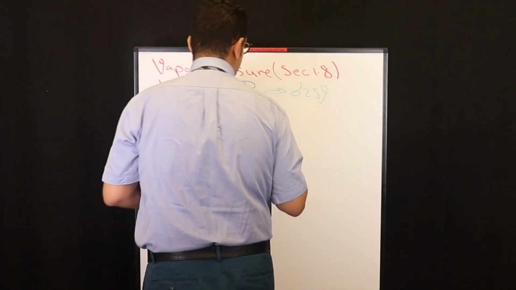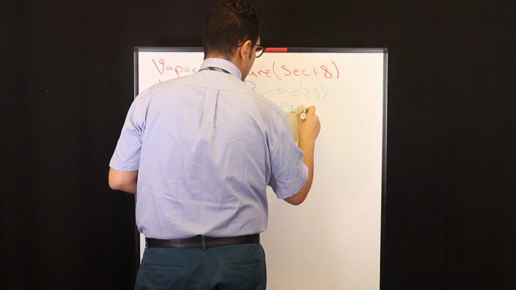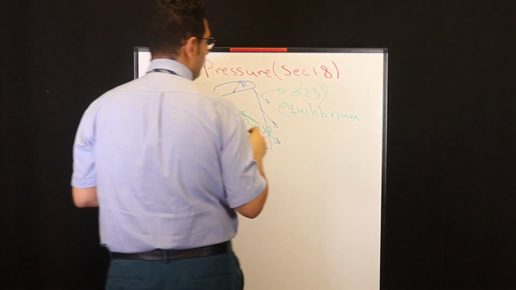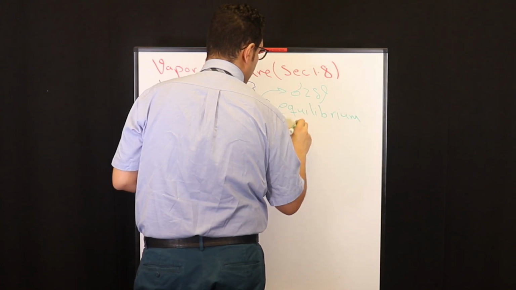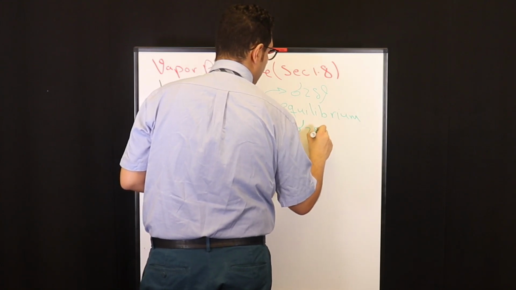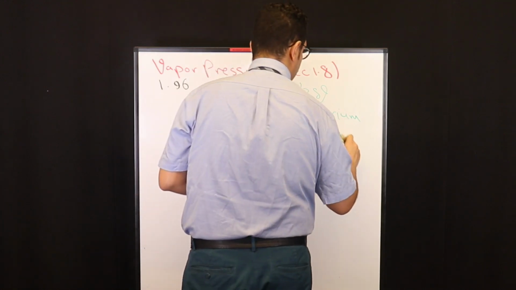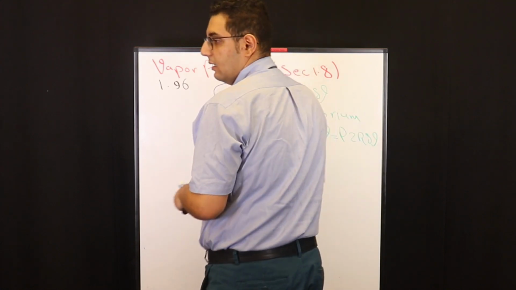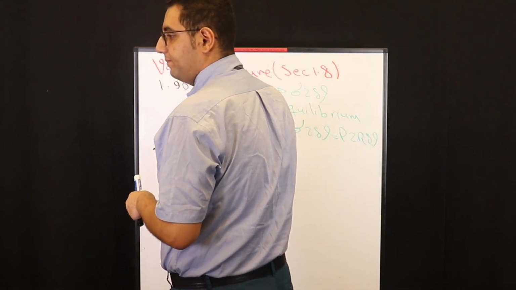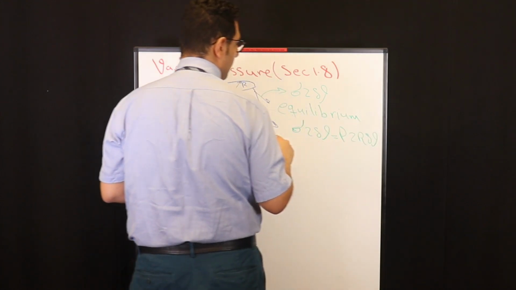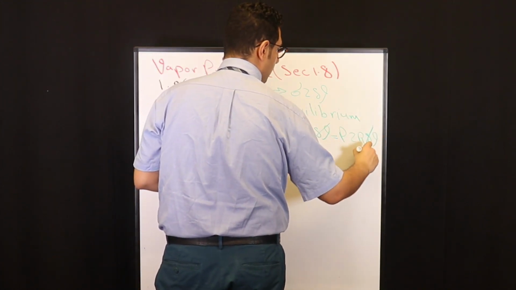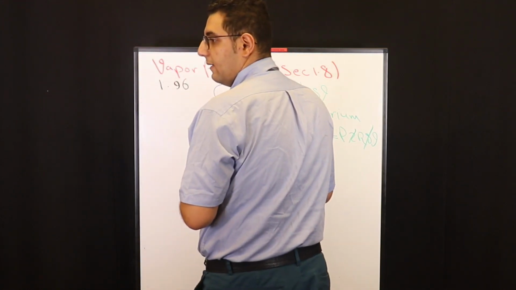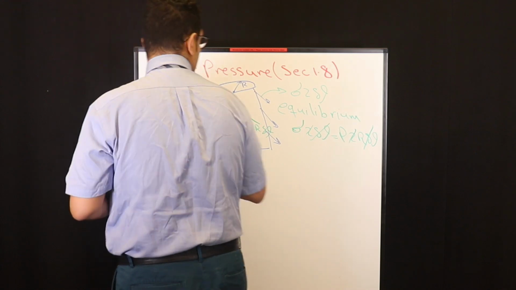Based on equilibrium, these two forces have to be equal, which means that sigma times 2 delta L is equal to P times 2R delta L. We can omit the same terms, which means delta L and 2.